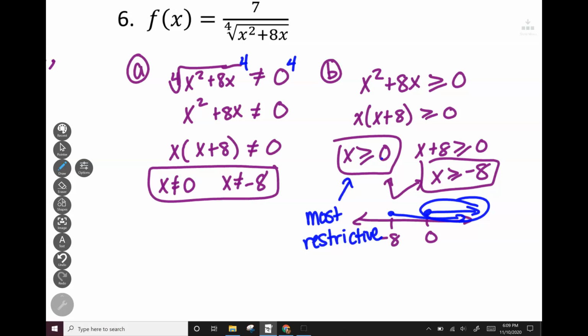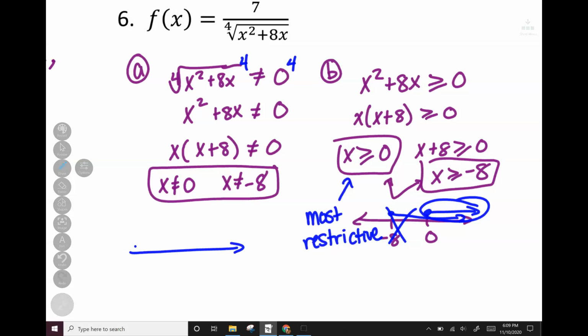If I am a number that is greater than 0, I'm already greater than negative 8, so that is kind of irrelevant. This one becomes irrelevant because the 0 takes care of it.